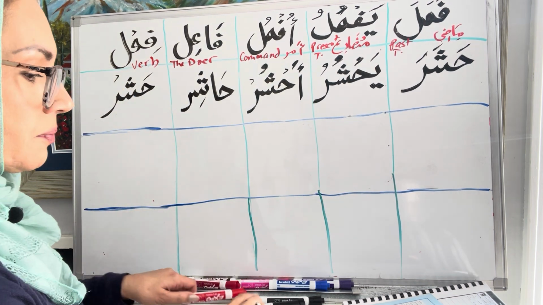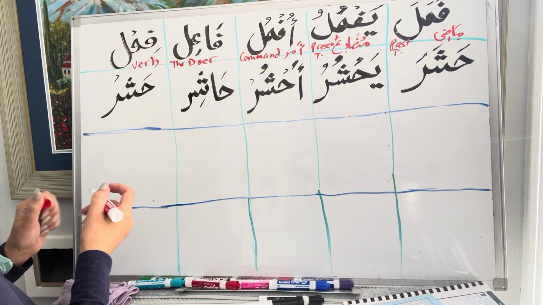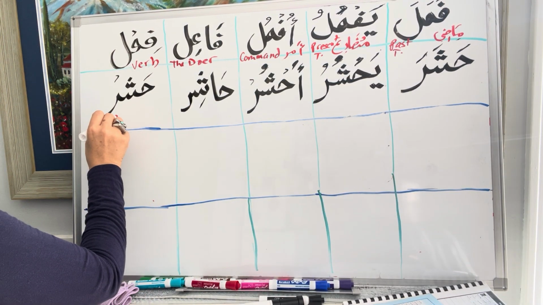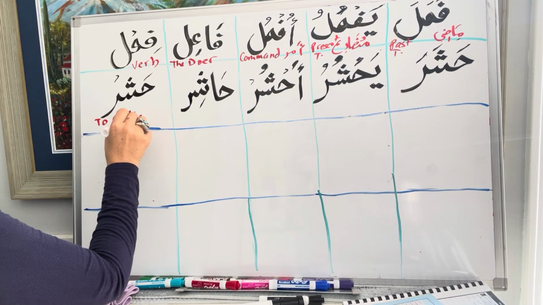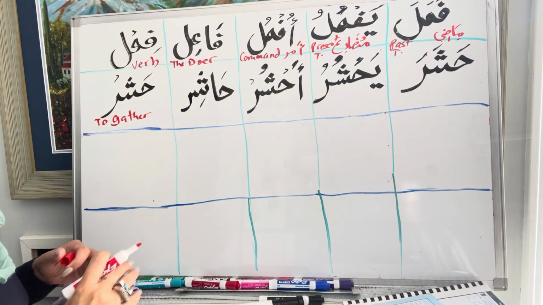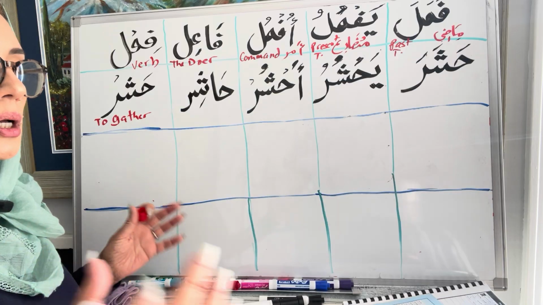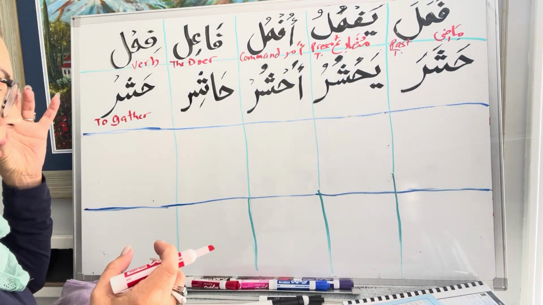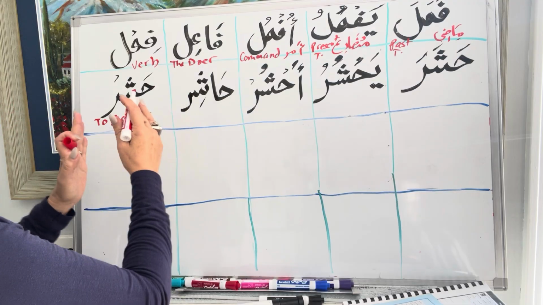Okay, so let's give the meaning. Hashr means to gather. Now, gather means to collect, to bring everything in one place. So all of that means here.